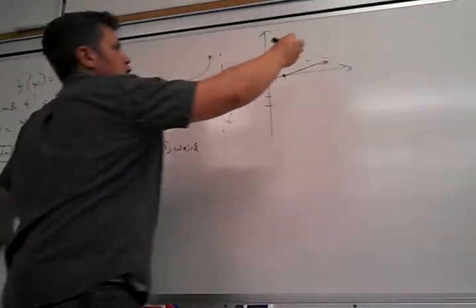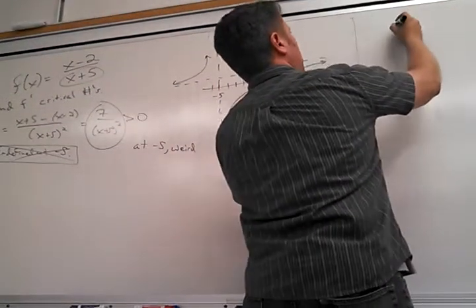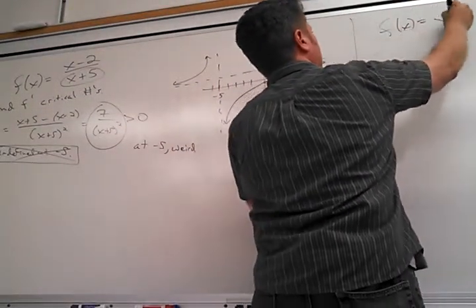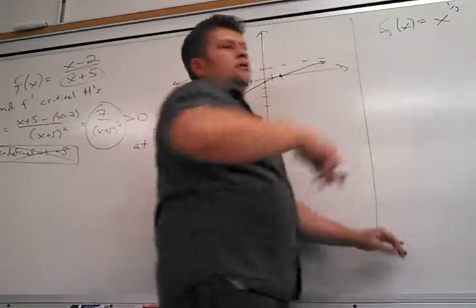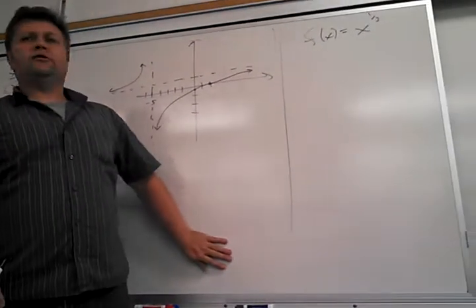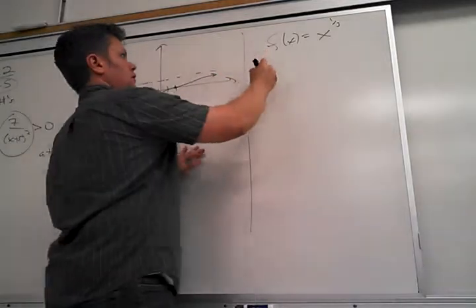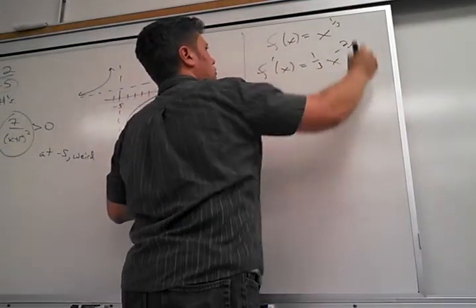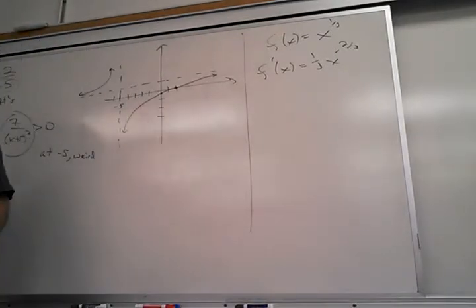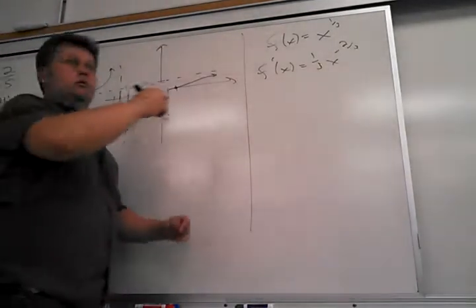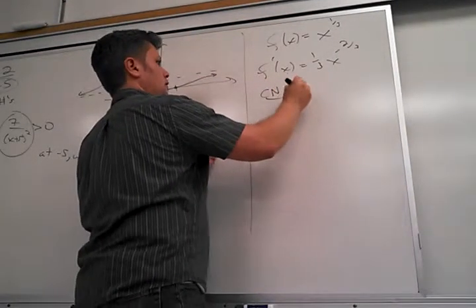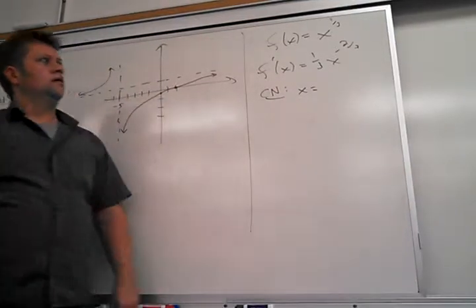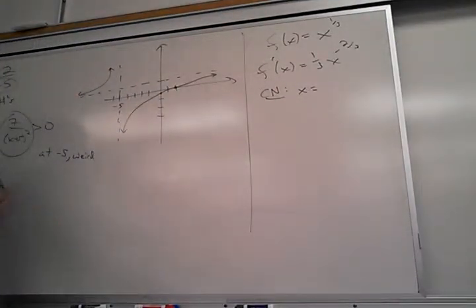So a function that would actually have a critical value where it's undefined would be something like this. What's that guy's derivative? 1/3 x to the negative 2/3. Look at that. What are the critical values? Is that ever equal to 0?